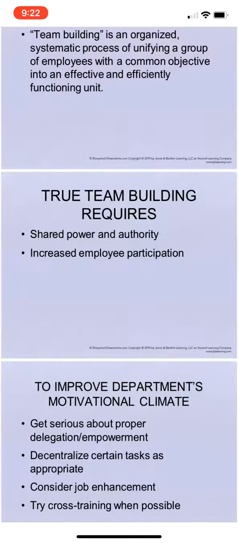So thus, team building requires the following: shared power and authority, and increased employee participation. These requirements lead back to what has been said about effective people-centered management. It is fundamental to successful team building that the leader holds a generally positive view of employees and their potential.